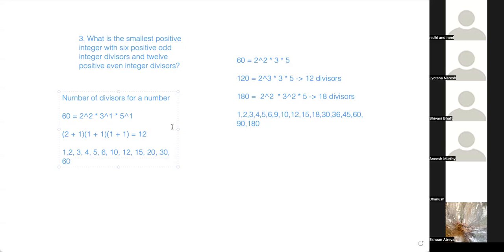Okay, and how many things are on this list now? 12. Good. Okay, so this matches up, right? So this trick seems to work here.